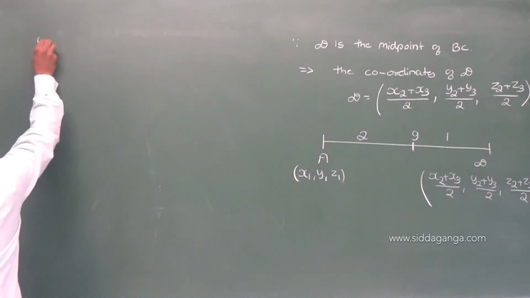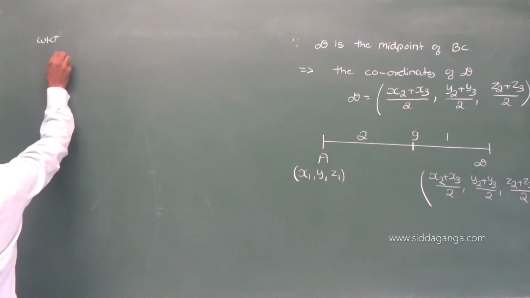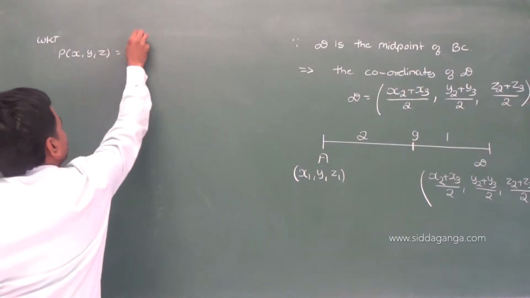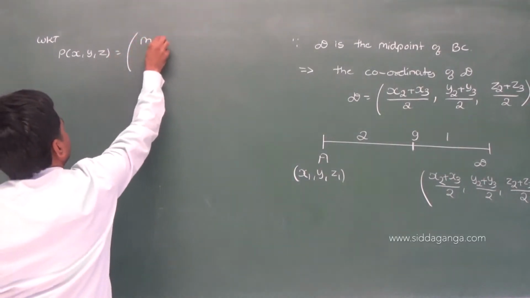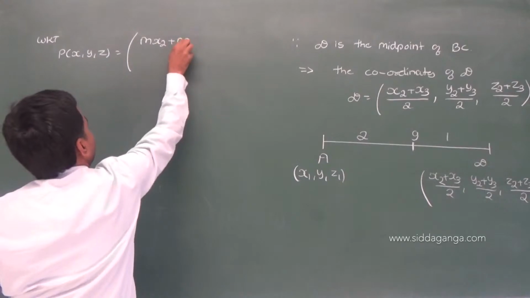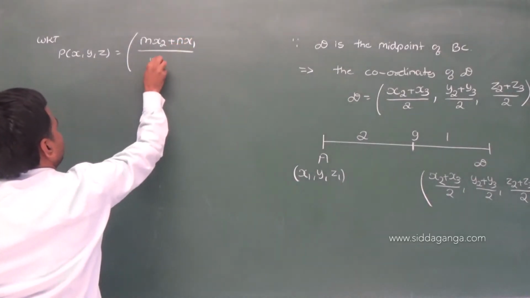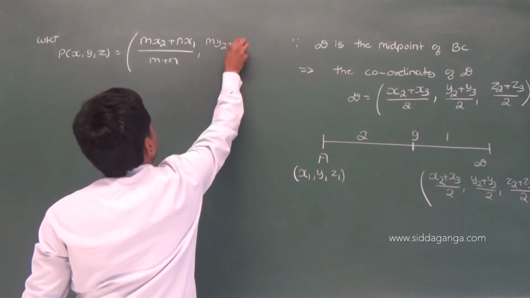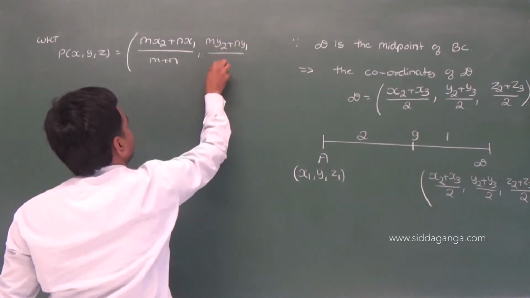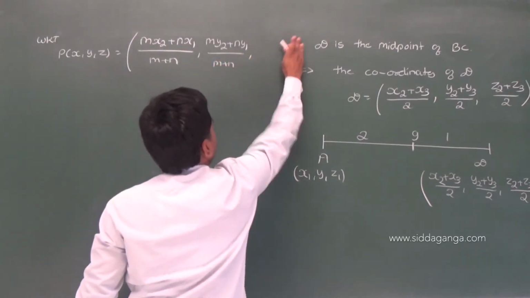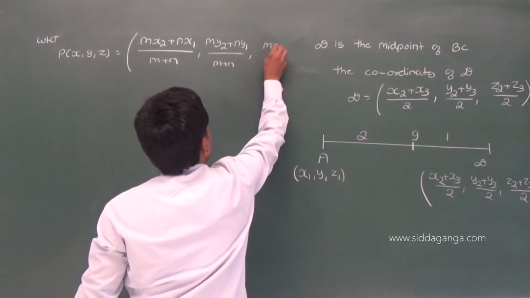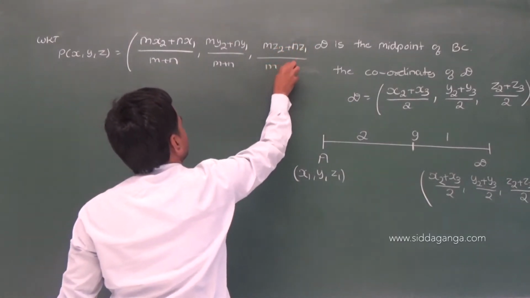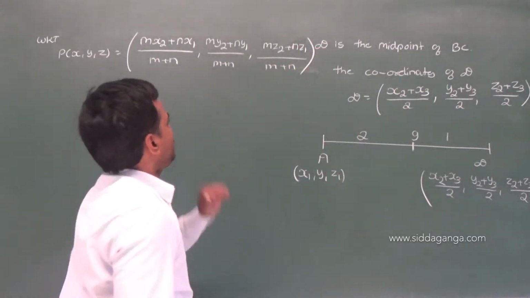So we know that the section formula P of x comma y comma z is equal to, once again I write, m x2 plus n x1 divided by m plus n, m y2 plus n y1 divided by m plus n, and m z2 plus n z1 divided by m plus n. Section formula for internal division.